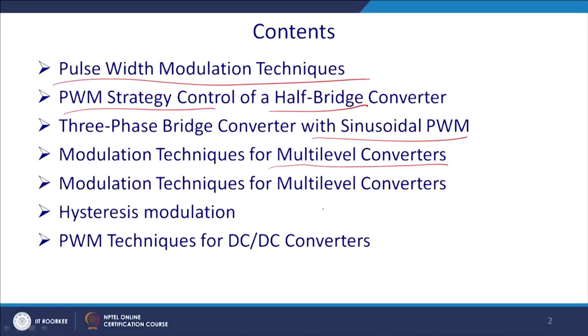And apart from that, the modulation technique for the different kinds of multi-level inverter, that is basically diode clamp and flying capacitor FC, and this one mostly will be discussed about the cascade H bridge CHB.